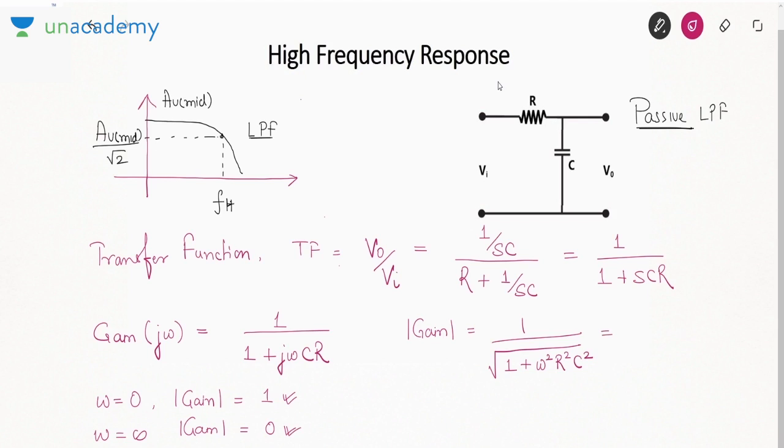Now this function can also be written as like this: 1 plus omega by omega h square, where omega h is nothing but 1 by RC. Now see, when omega equal to omega h, what will happen? It will be 1. So gain will be 1 upon root 2. That means omega h is the cutoff frequency.